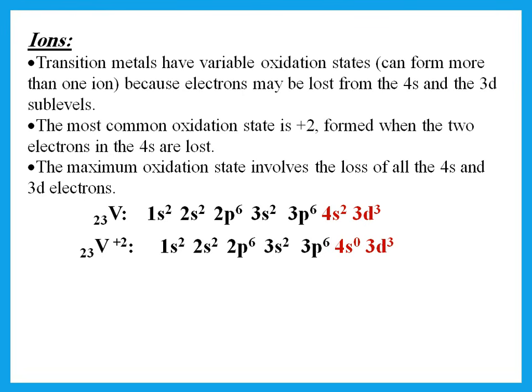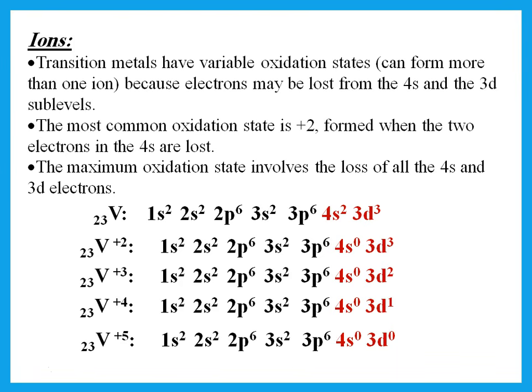I can remove them one by one, so that the maximum is when I have lost all the electrons in the 4s and in the 3d. So I can have vanadium +3, vanadium +4, and vanadium +5. So that is the maximum that I can have. So remember that the lowest is usually the one where we take the 2 electrons from the 4s.